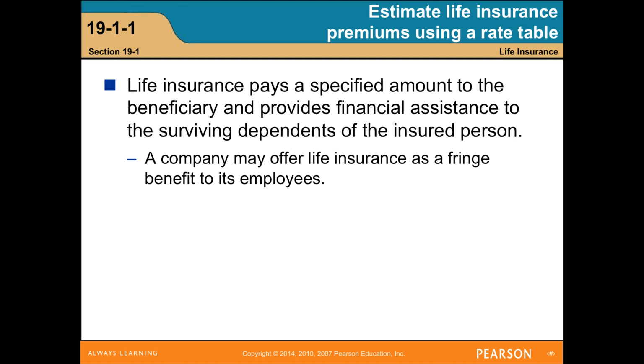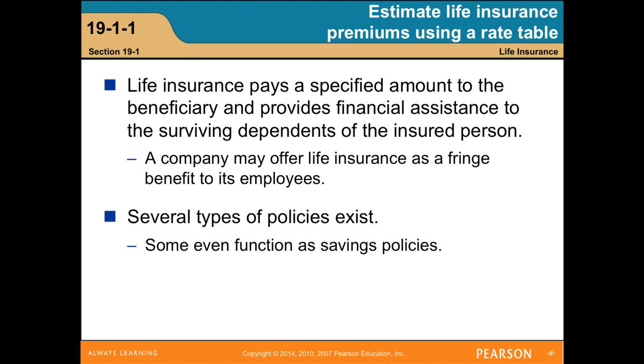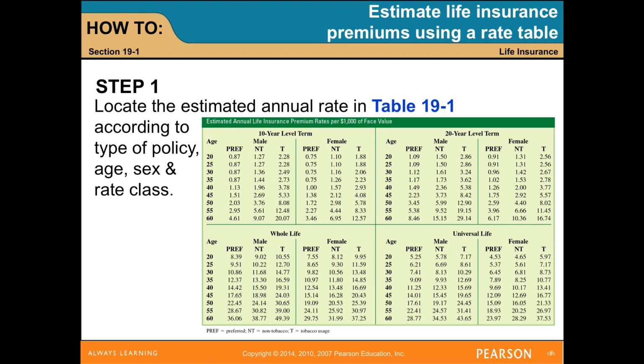Life insurance pays a specified amount to the beneficiary and provides financial assistance to the surviving dependents of the insured person. A company may offer life insurance as a fringe benefit to its employees. Several types of policies exist, and some of them even function as savings policies.